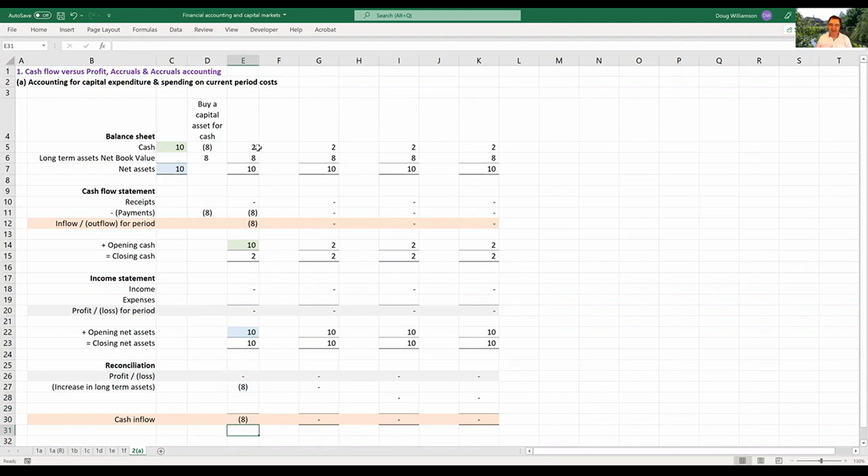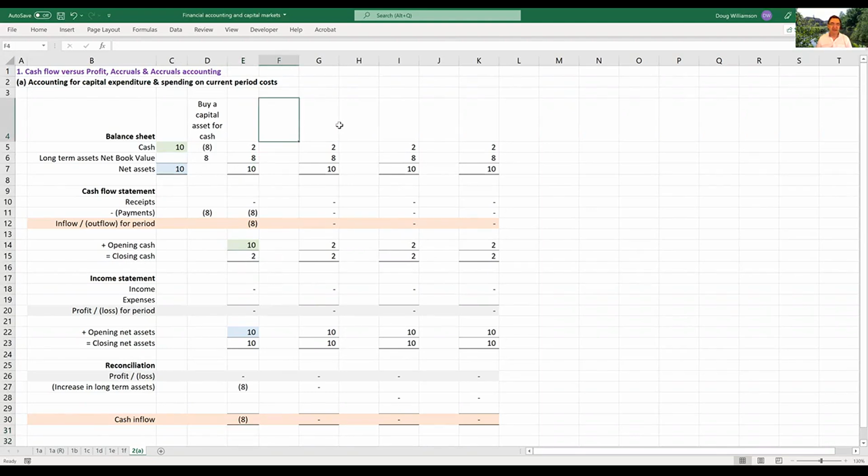So buy capital asset for cash and cash goes down. Instead of expenditure being incurred straight away, we've got an asset being created. Now let's say, so that might be buying the lawnmower.